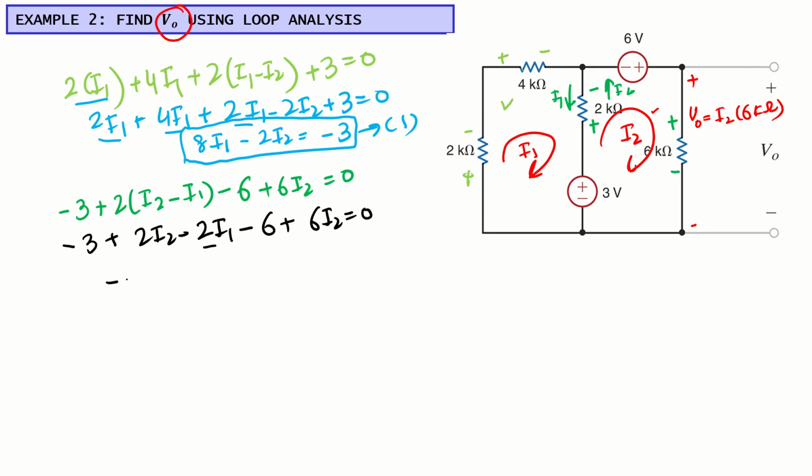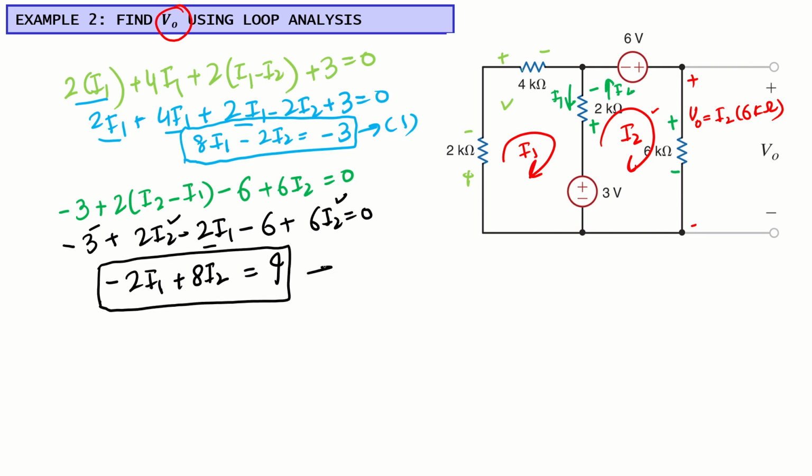We have minus 2 times I1, this 2I2 and this 2I2 will become 8I2, and then we have constants minus 3, minus 6, minus 9, which goes to the other side and becomes plus 9. So two equations, two unknowns. Use whichever technique: substitution, Gaussian elimination, or solve quickly on a scientific calculator. Find the values of I1 and I2.